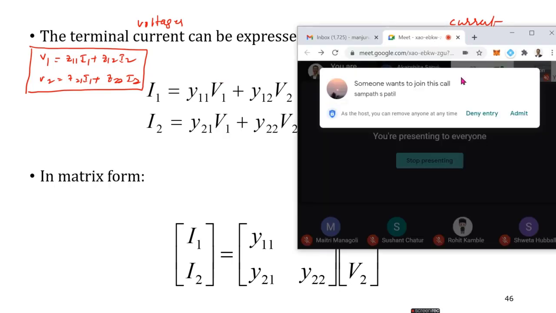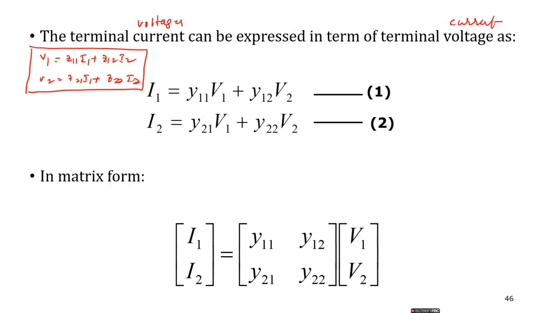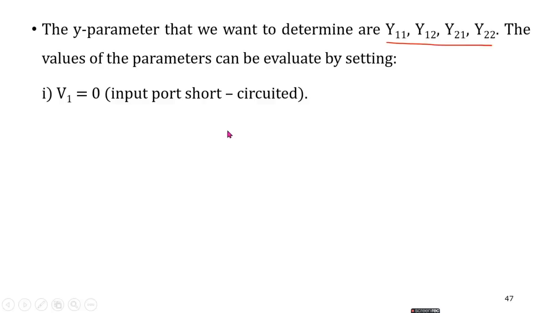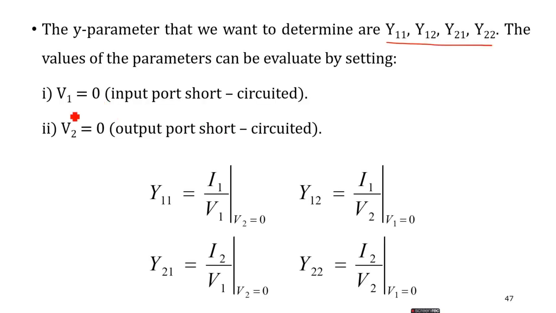If I make V1 equals to 0, we will get two parameters, that are Y12 and Y22. If we make V2 as 0, we will get the parameters Y11 and Y21. Set V1 as 0.